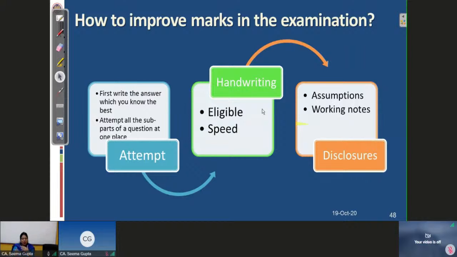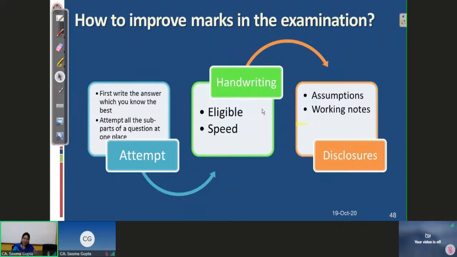So wherever I have been given a choice and I can apply a particular method, or maybe the language of the question is a little bit confusing, or in some particular question the language of one particular adjustment is not clear to you, students may make one or two assumptions.